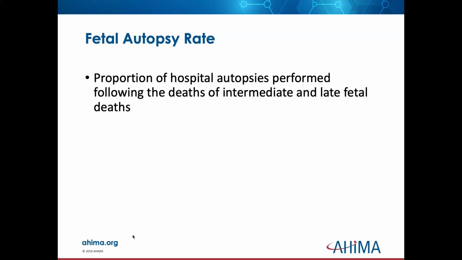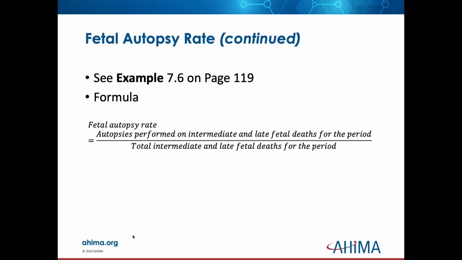But when they're done, they're measuring intermediate and late fetal deaths in this formula. And you can look at page 119 for example 7.6. It's toward the bottom of the page, and it'll walk you through how you calculate that.